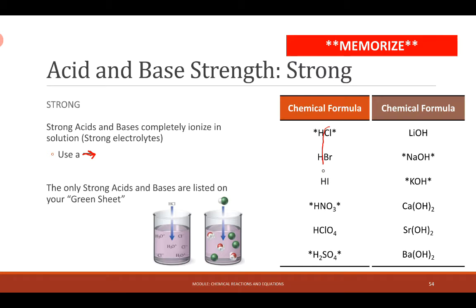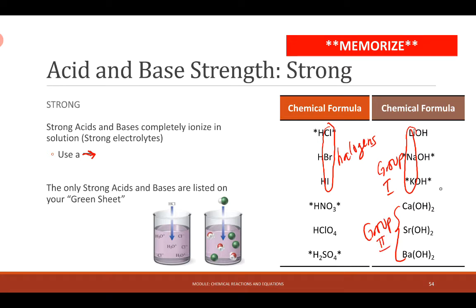Primarily, you have your halogens, and then you have group 1 metals and group 2. And so that can help you remember which ones are strong acids and strong bases, but really you just need to memorize it so that you don't have to look it up all the time.